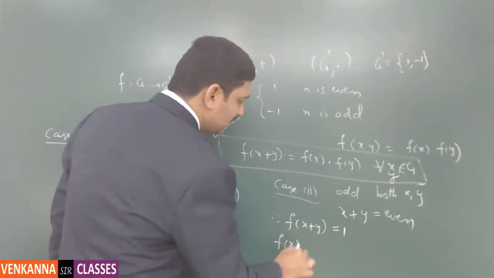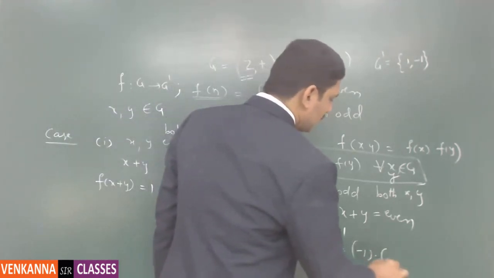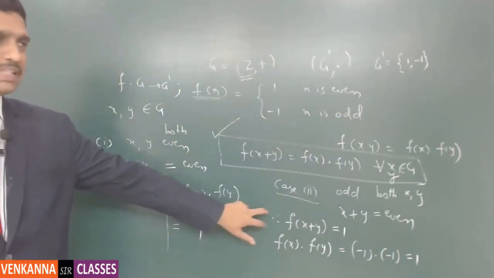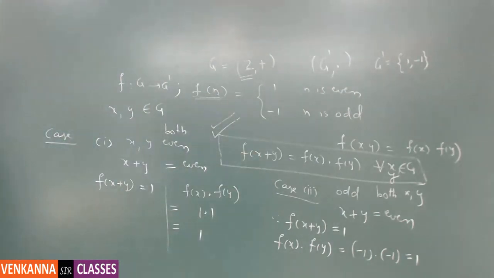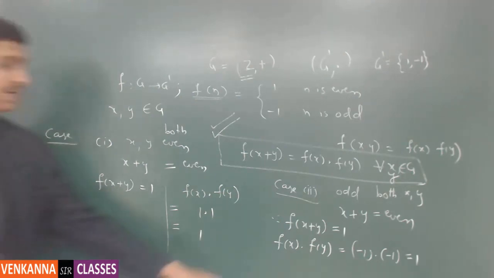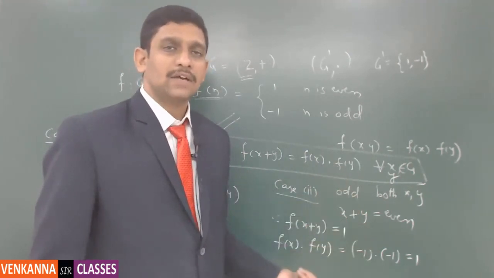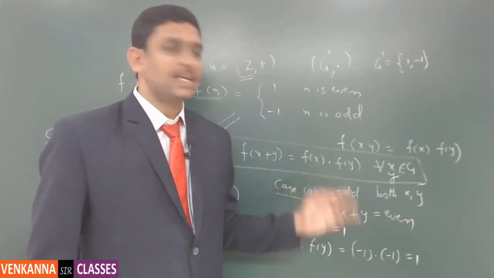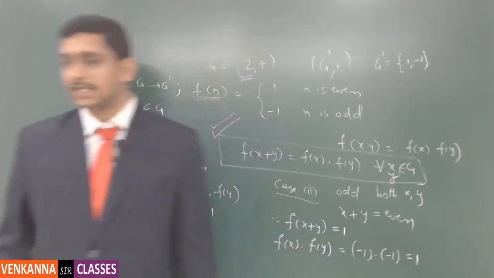If you consider f(x) · f(y), it is -1 · -1, so the value is 1. So in this case also, this condition is satisfied by f: f(x + y) = f(x) · f(y). Since x is odd, f(x) is -1. Since y is an odd integer, f(y) is -1. So on the product, you are getting 1 as the result.